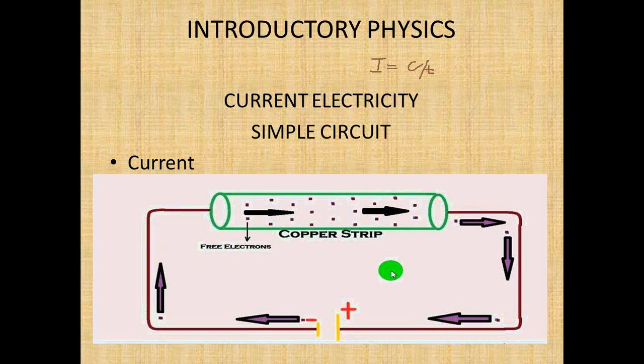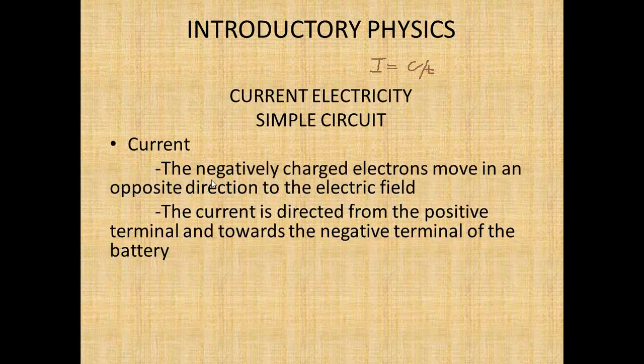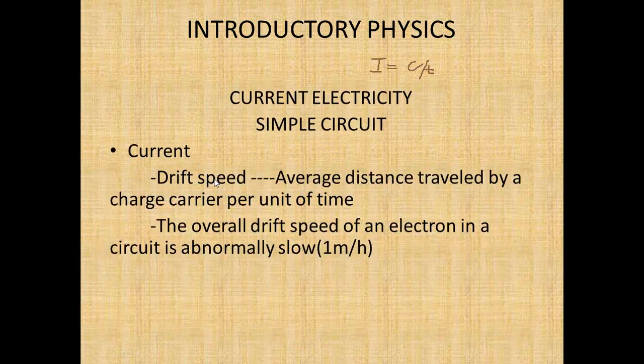We call that drift. So now we introduce the concept of drift speed or drift velocity. Drift speed, or drift velocity, is the average distance traveled by a charge carrier, which is the electron, per unit time.